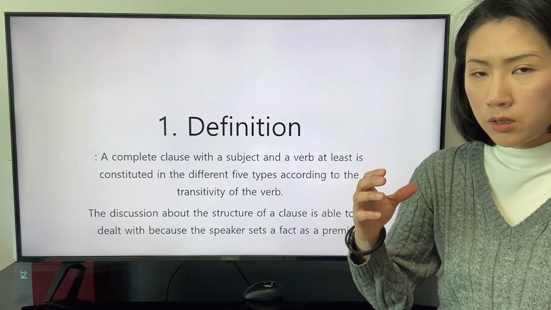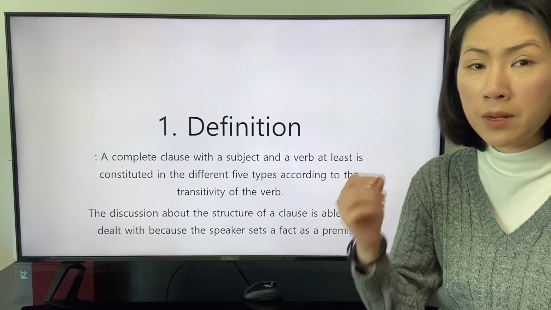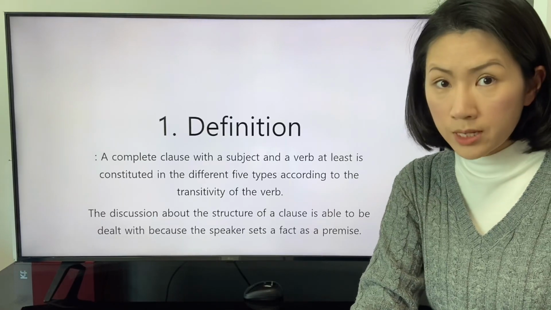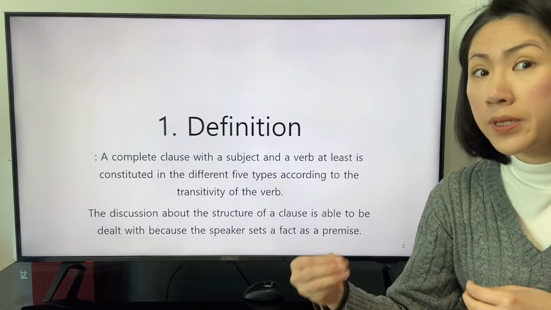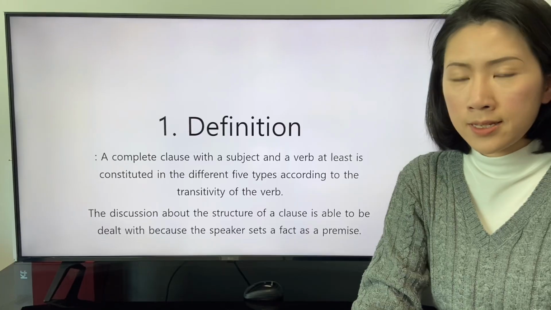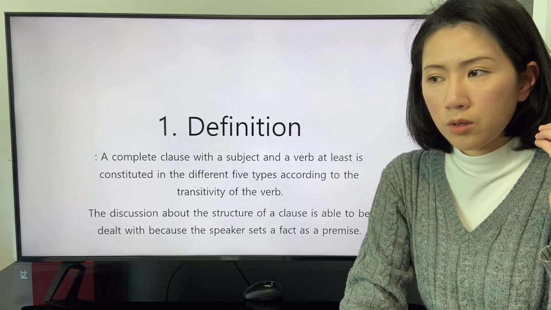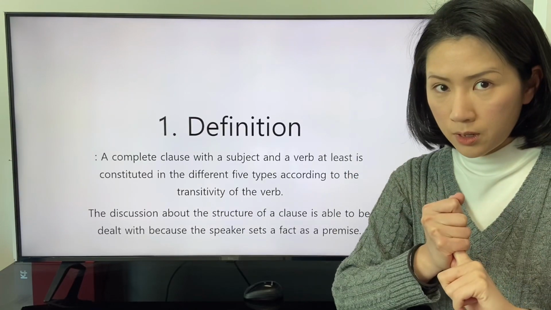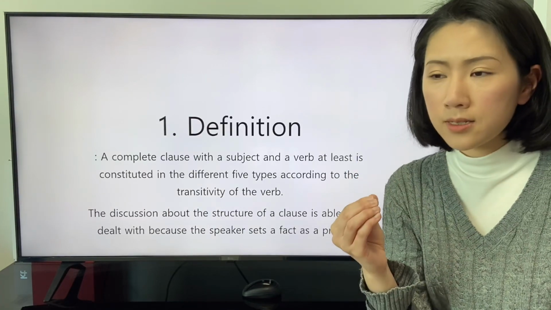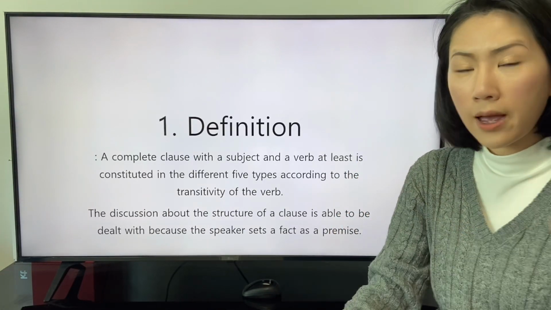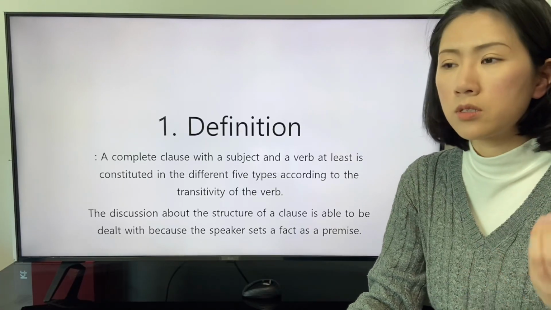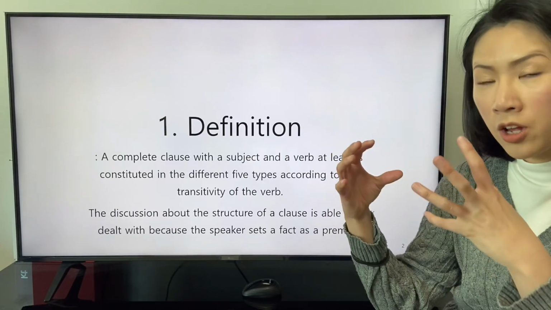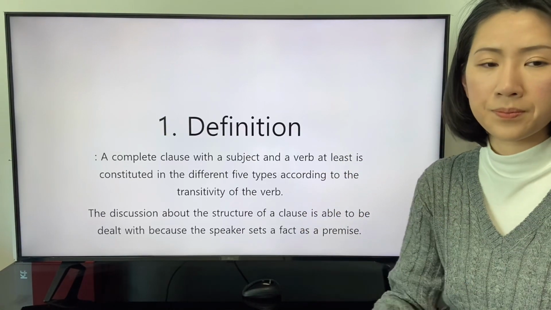A minimal prerequisite for a complete clause is the existence of a subject and a verb. The simplest type of a clause is constituted with a subject and an intransitive verb.